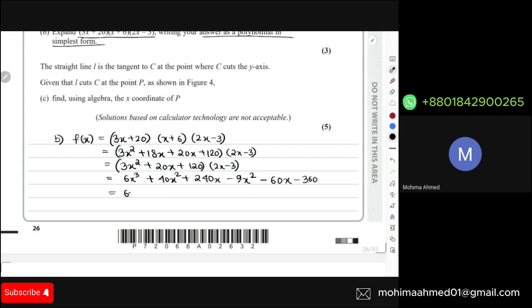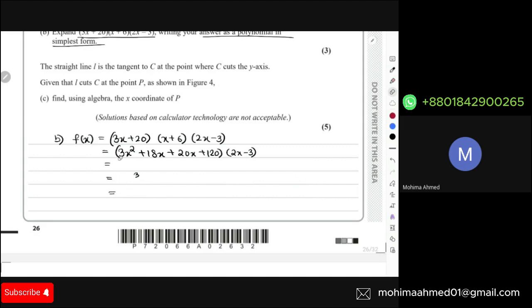So we have 6x cubed. 40 minus 9 is going to be 31. Wait. 3 with 3 gives you 9.